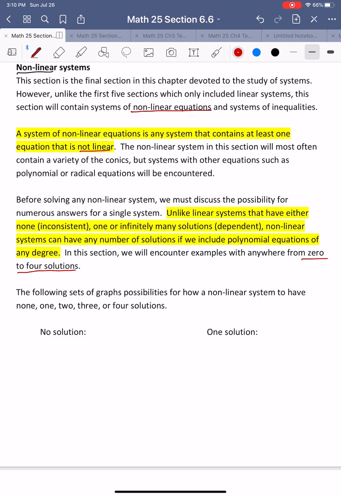The following graphs show the possibilities for how a nonlinear system can have none, 1, 2, 3, or 4 solutions.